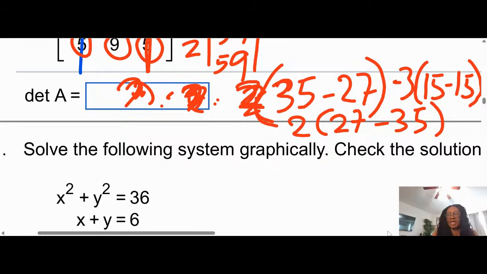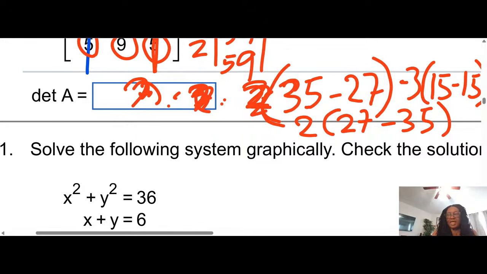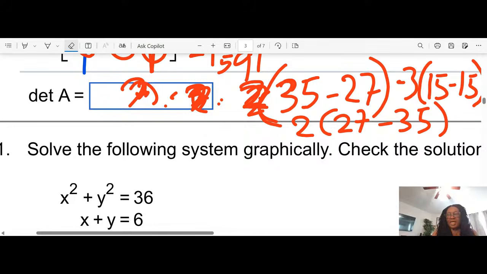Okay, so collecting like terms together, I have 2.